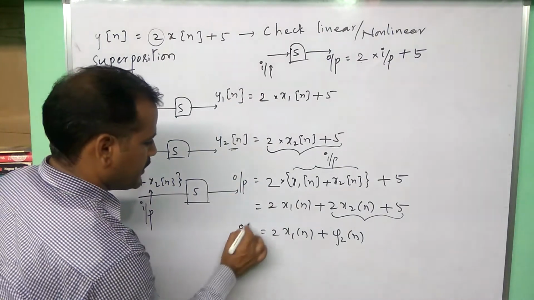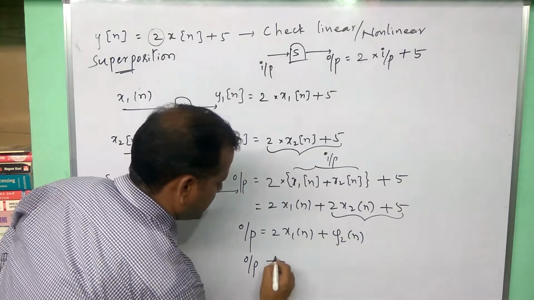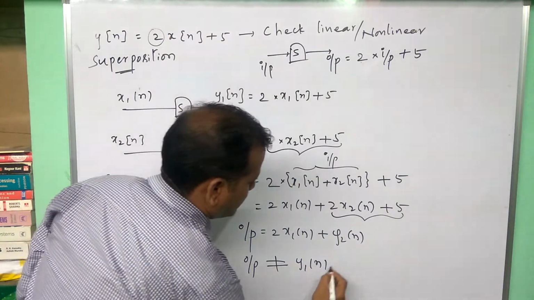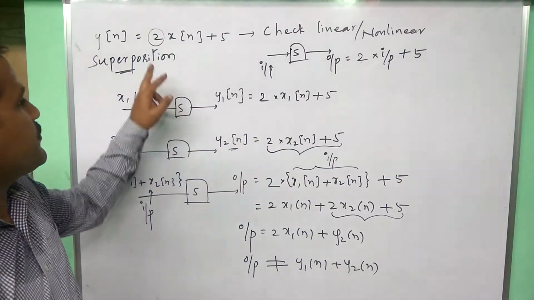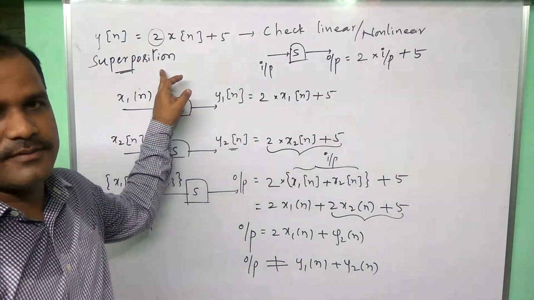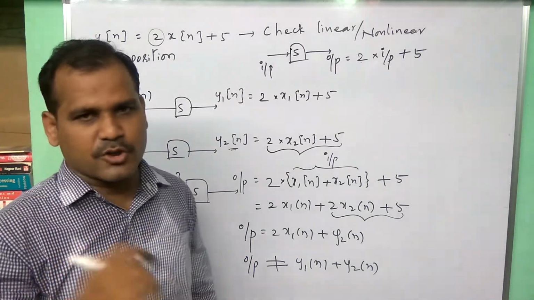That means the output is not equal to y1 of n plus y2 of n. The system fails to satisfy the superposition condition. Even if one condition fails, the system is non-linear.